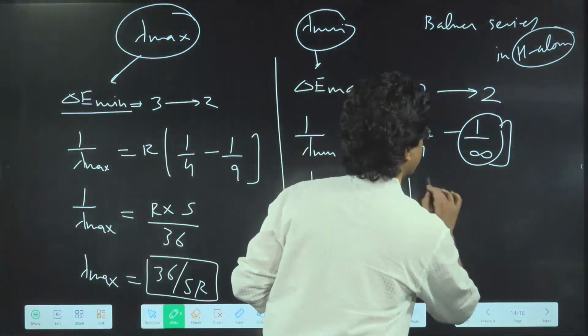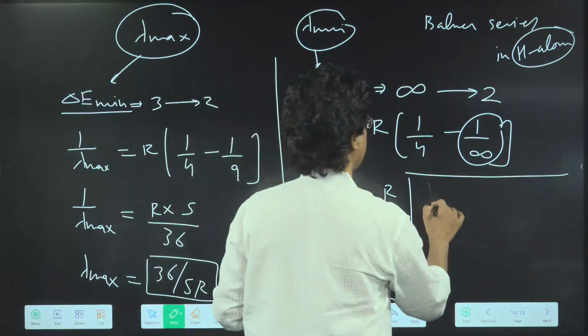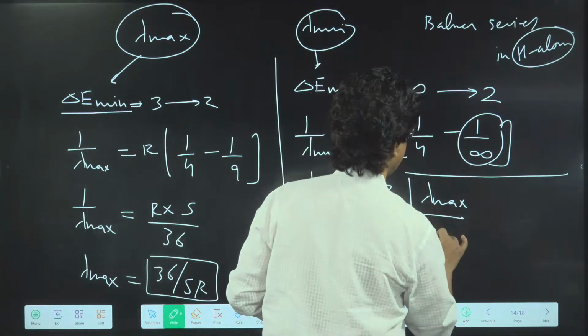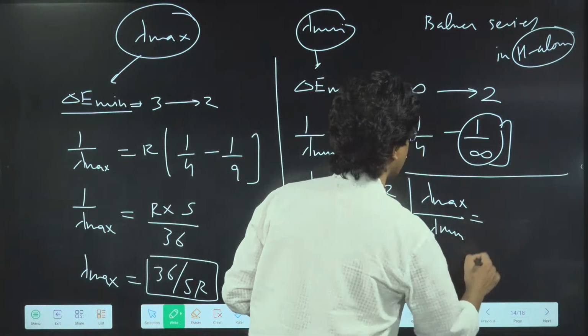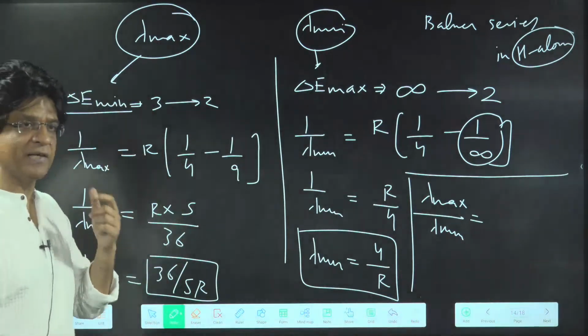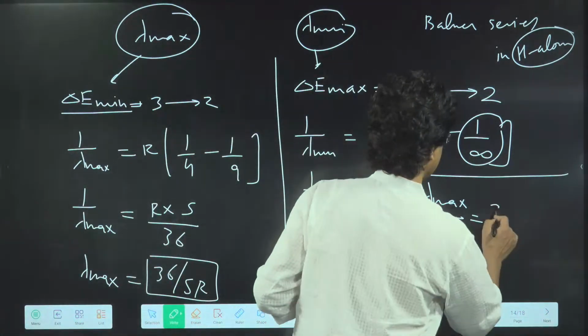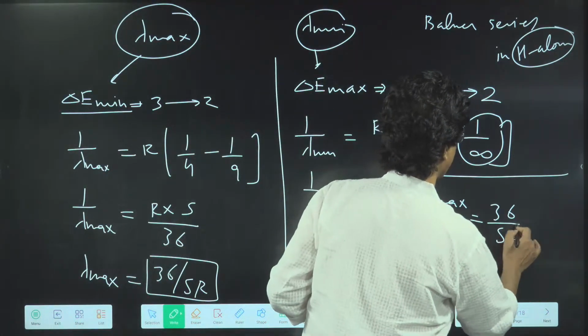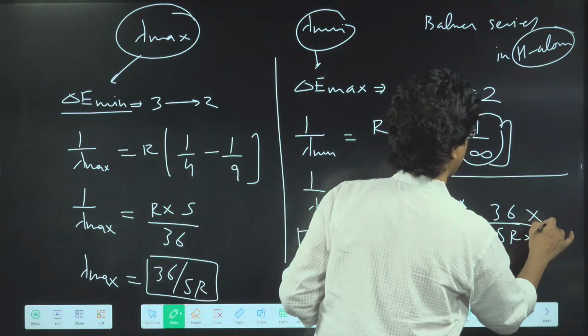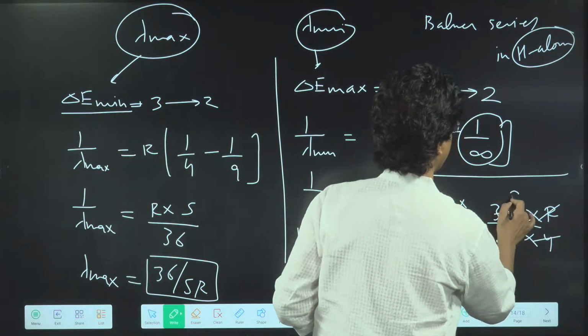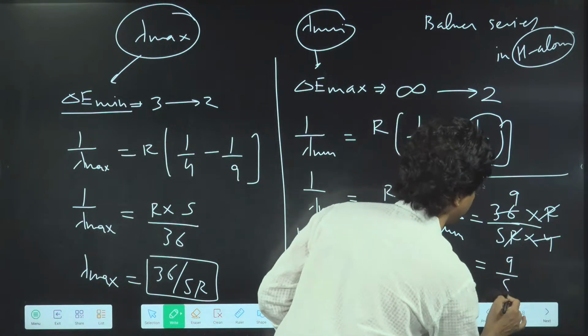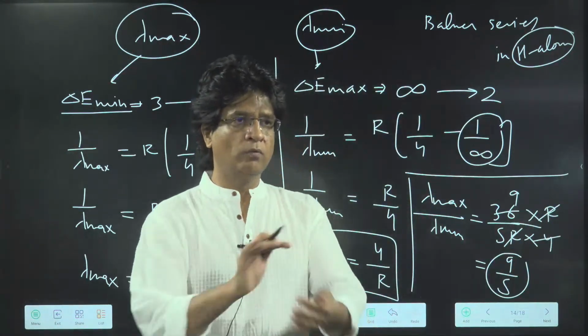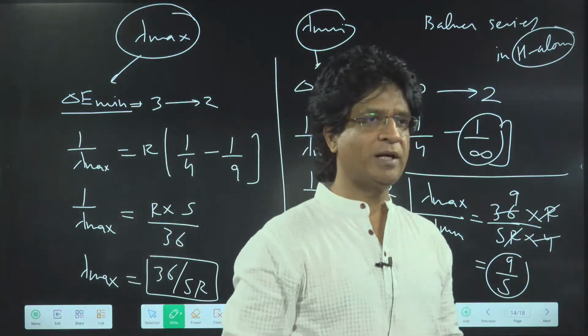Now again, a similar kind of question: find lambda max upon lambda min. They can ask you anything. So if you remember these values, you will be very fast. Come on. Lambda max 36 by 5R upon what? 4 by R. So R and R are gone. This will be 9 by 5. Wow, very good. Durga Prasad, very good.